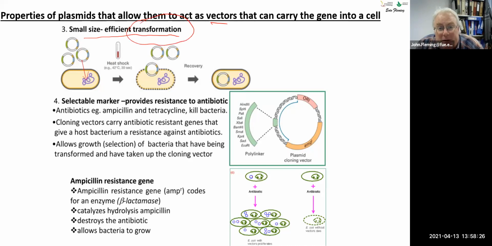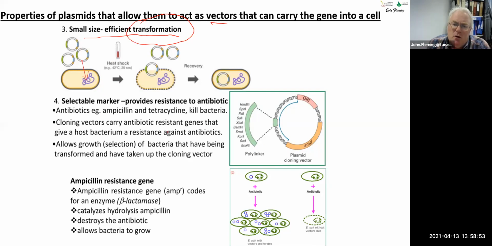Next week, I will be talking to you in a bit more detail about how we can put plasmids into other types of cells. We can put plasmids into mammalian cells through a process referred to as transfection, which is pretty much similar to what transformation does, putting plasmids into bacteria. So this is another key feature of plasmids.